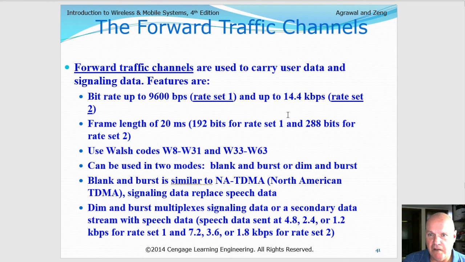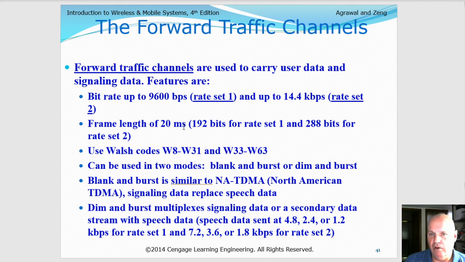The forward traffic channels are used to carry user data and signaling data. Some features had different variable bit rates. So a bit rate up to 9600 bits per second, what was known as rate set 1, and then a higher bit rate up to 14.4 kilobits per second, rate set 2.